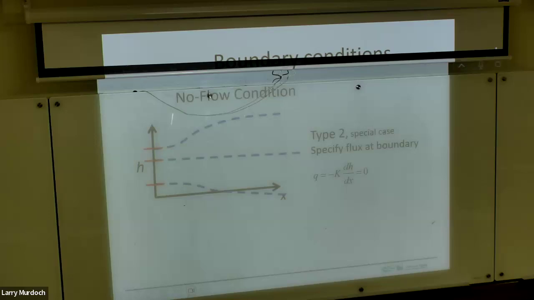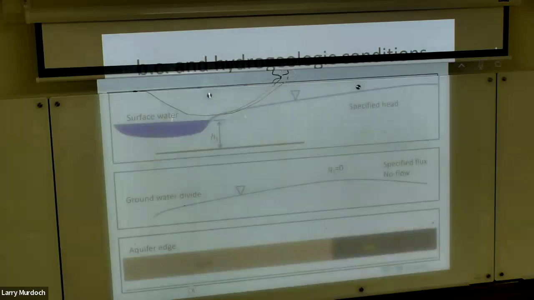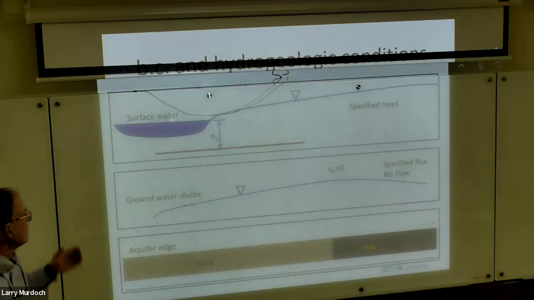And so there's no flow here, but the head out here could vary like this. So we need to be able to go from our conceptual model where we describe the hydrogeologic conditions and come up with these boundary conditions. These are the options that we have.